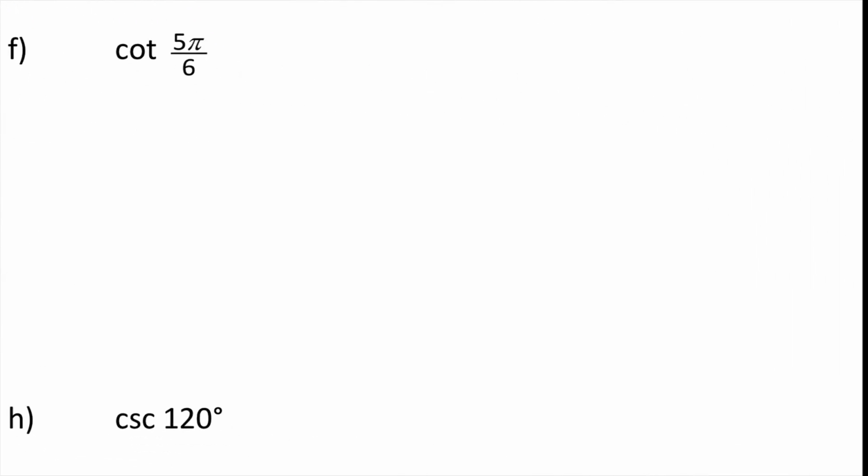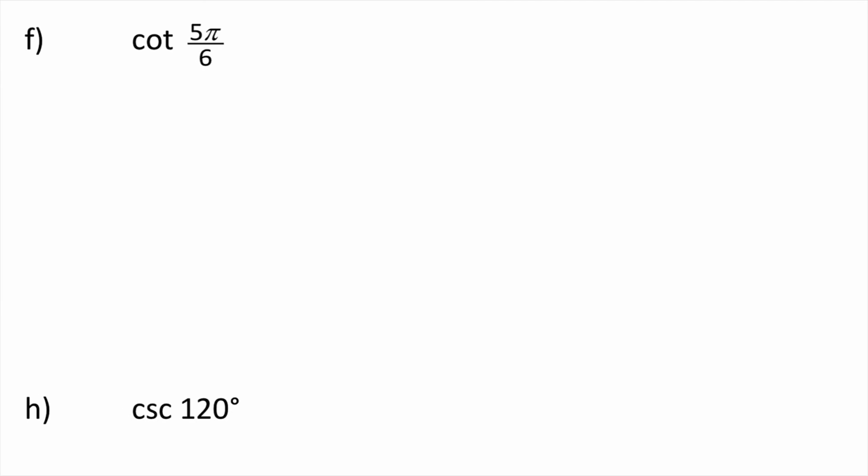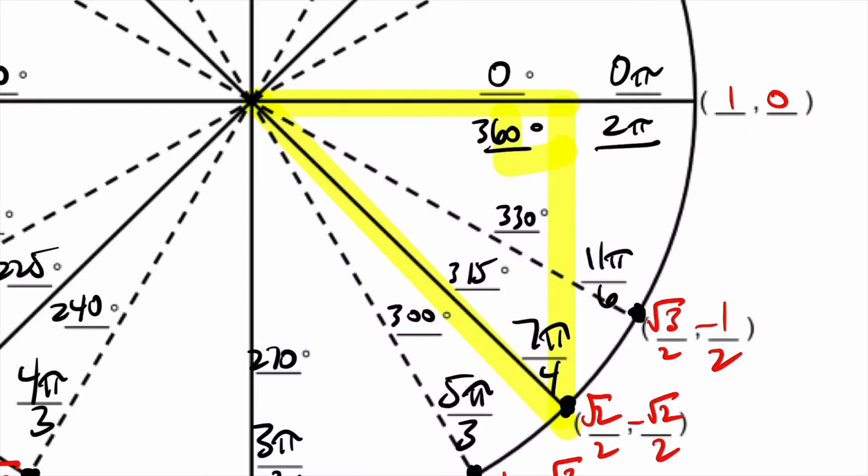All right, let's look at F. Cotangent. So now is the first one from the main 3. The big 3 are sine, cosine, tangent, but the others are cosecant, secant, and cotangent. So let's do a cotangent. First thing I'm going to do, find 5 pi over 6.